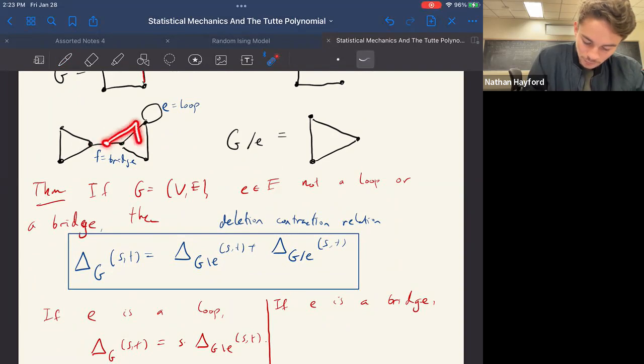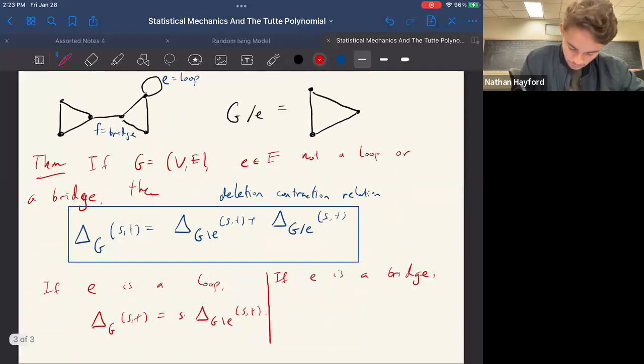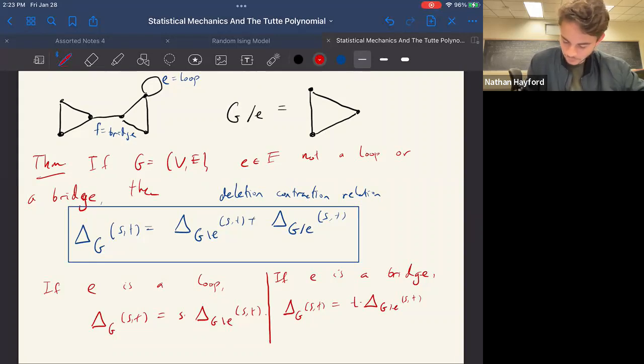So it's just one vertex, and the graph would look like this. So I quotient the graph by E, and I multiply by T. And this is what happens if E is a bridge. So this allows us to compute essentially the Tutte polynomial of anything we want.